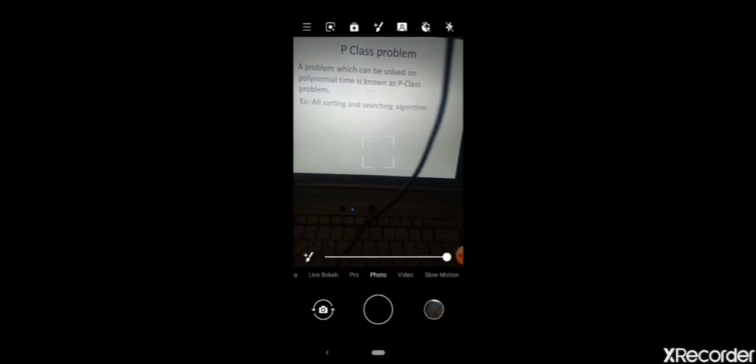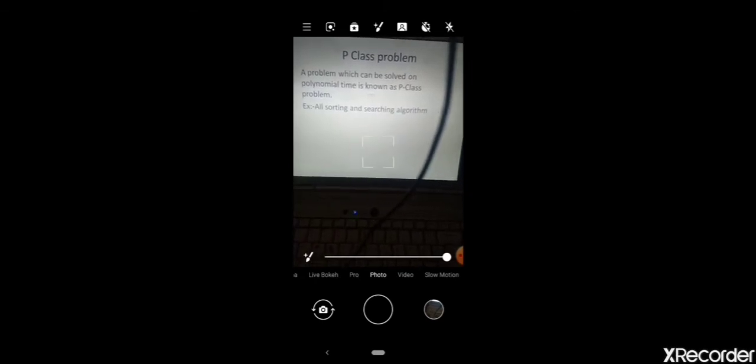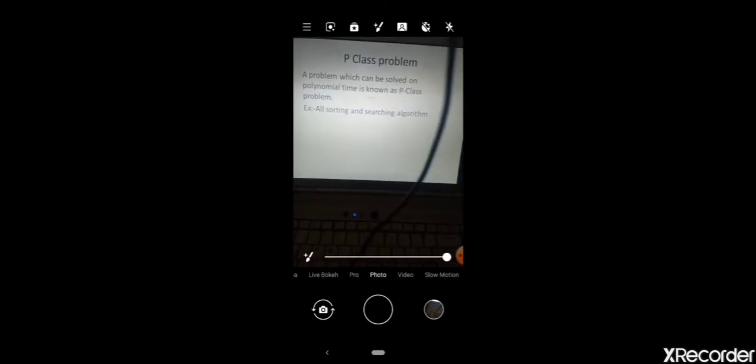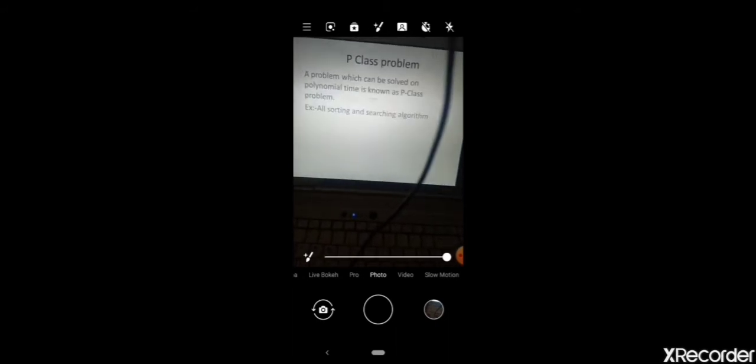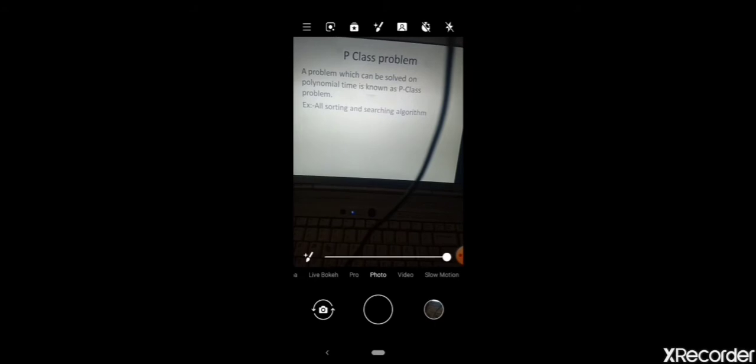So what are the examples of P-class problems? All the sorting and searching algorithms. When we take the example of the linear search algorithm, the time complexity of linear search is just big O of n. That means in big O of n time we can search any number from the given list.